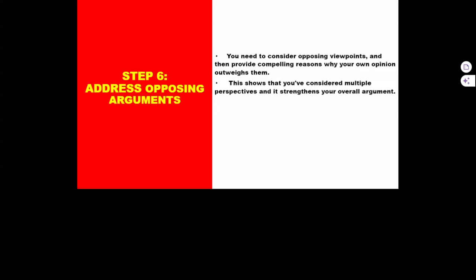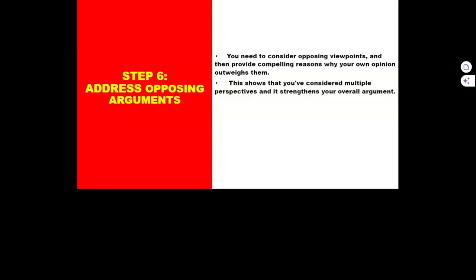This shows that you have considered multiple perspectives, and it helps to strengthen your overall argument, because when you marshal your points and you also raise some of the points that your opponents are likely to present, and then you present compelling reasons why those opposing arguments are unacceptable.